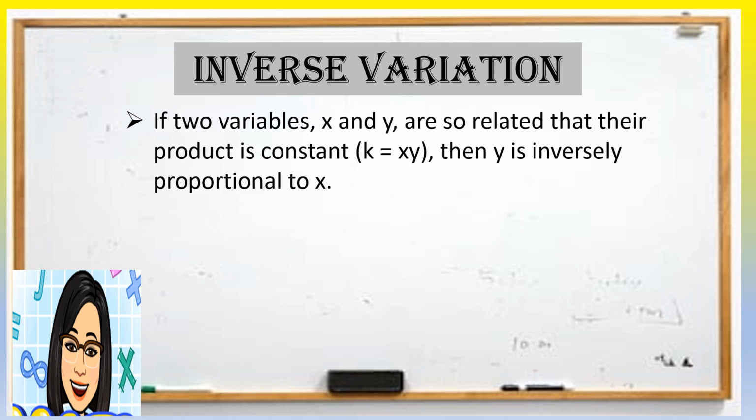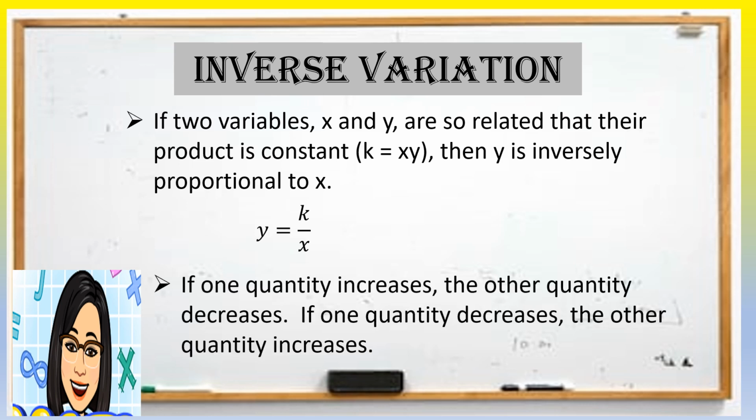We can denote this in symbols as y is equal to k over x. If we put this into a graph, we will observe that if one quantity increases, the other quantity decreases, or vice versa, if one quantity decreases, the other quantity increases.